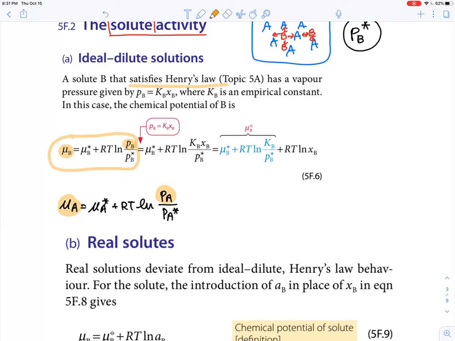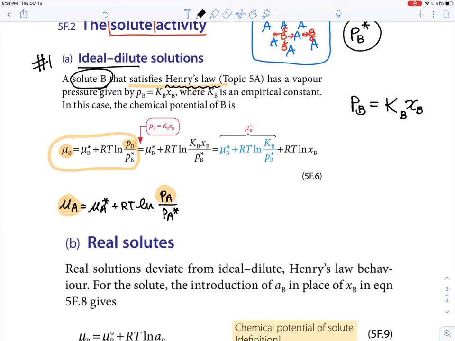But in the case of number one, which is what they call the ideal dilute solution, the solute B satisfies Henry's law, and when it does, the vapor pressure in the mixed phase can be described in relationship with the mole fraction of the solute, but now the proportional constant is Henry's constant.